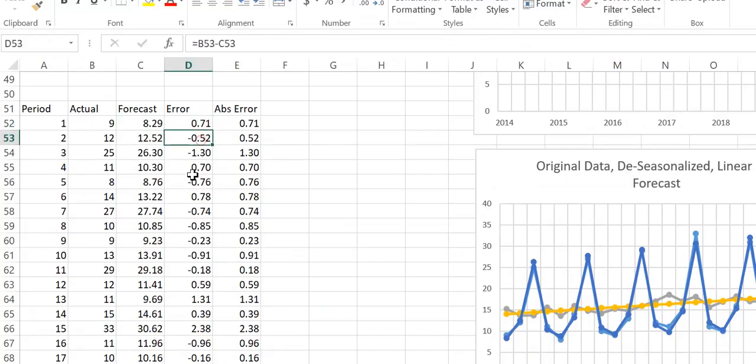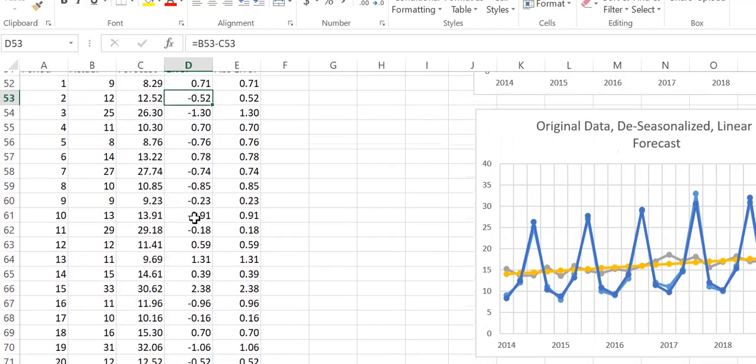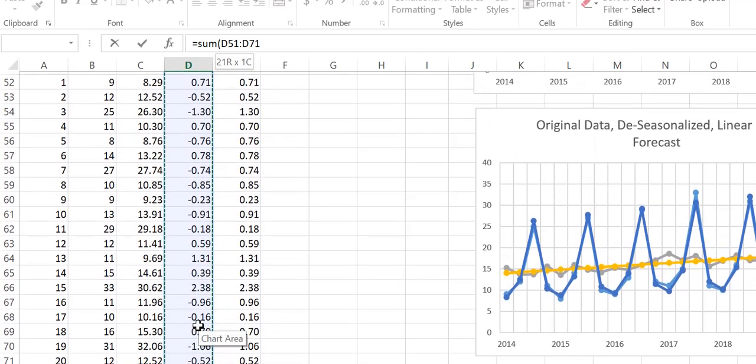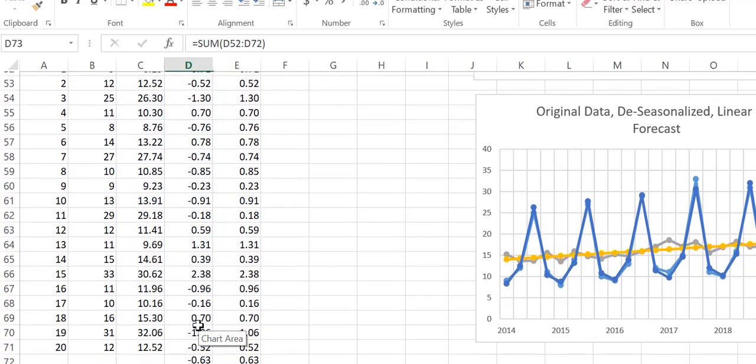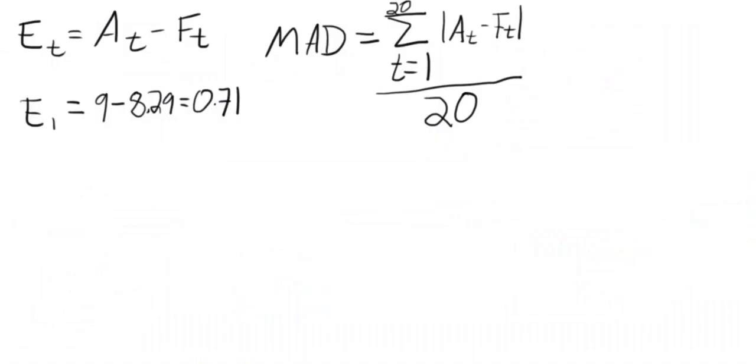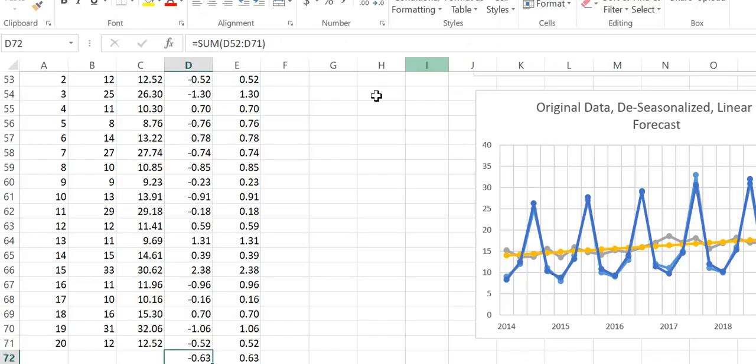You can see in the second period the error is negative. If we add those all up, I got ahead of myself.